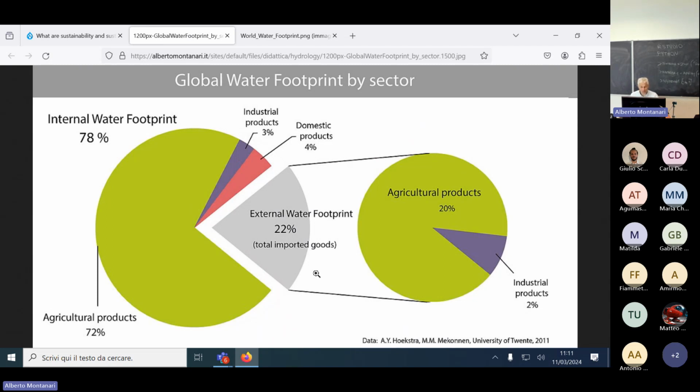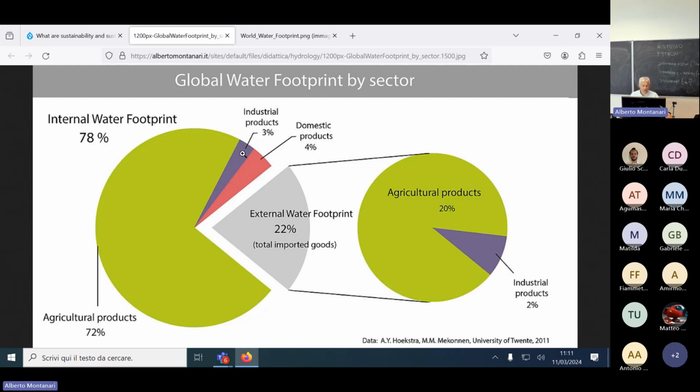The external water footprint, given by the imported goods, is 22%, and 20% are agricultural products and 2% are industrial products. What you can see from the composition of these two figures is that food production, agricultural products, is playing the key role, both in terms of internal water footprint and imported goods, external water footprint.